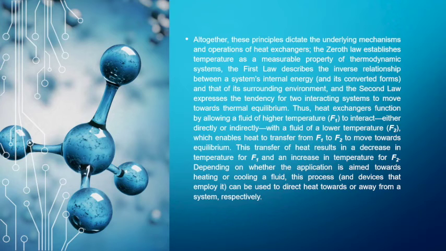This transfer of heat results in a decrease in temperature for F1 and an increase in temperature for F2, depending on whether the application is aimed towards heating or cooling a fluid. This process can be used to direct heat towards or away from a system, respectively.